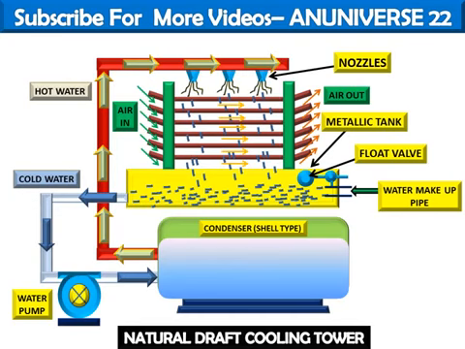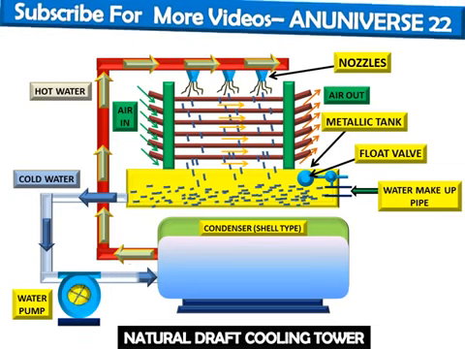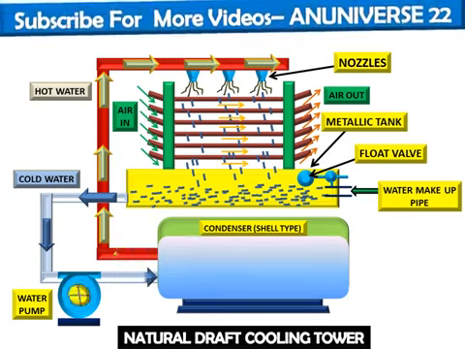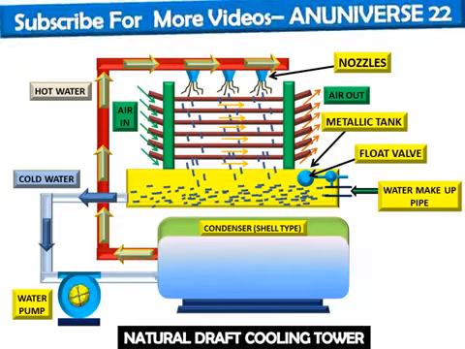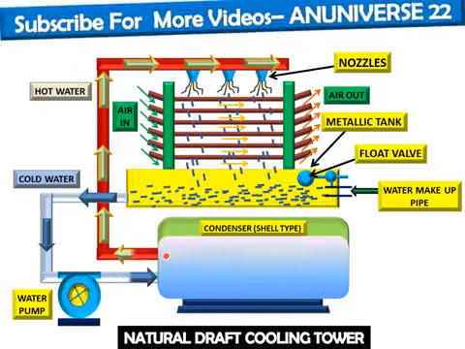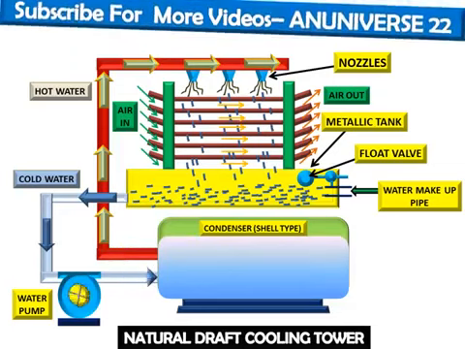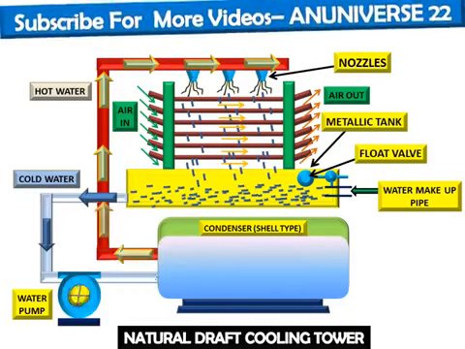So now we discuss the working of the natural draft cooling tower. In this type of cooling tower, this is the warm water. With this arrow we can see this is the warm water from the condenser that is supplied to the spray header.